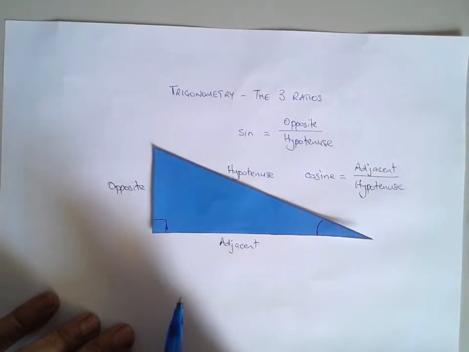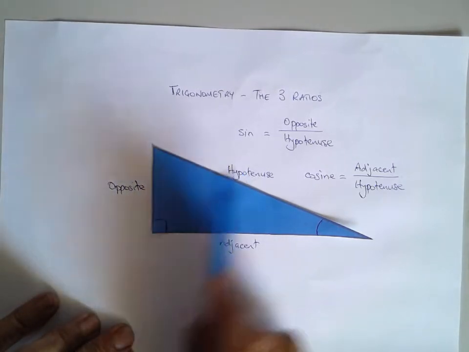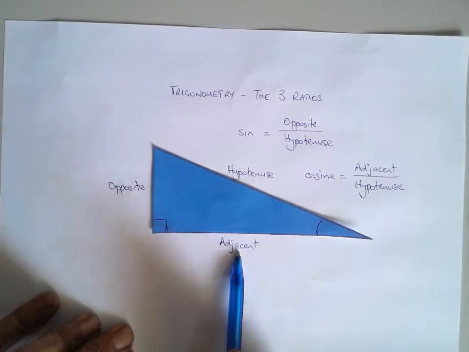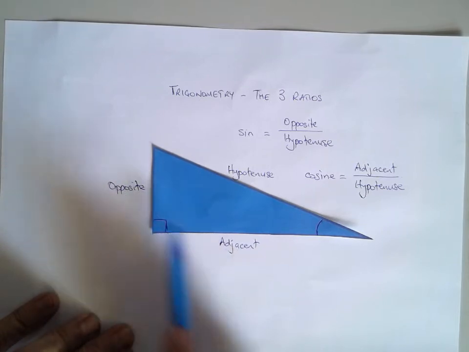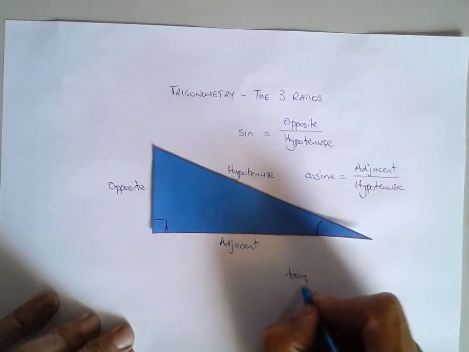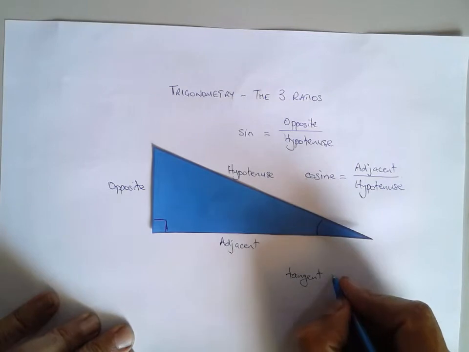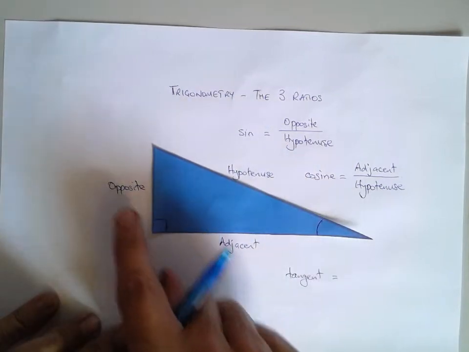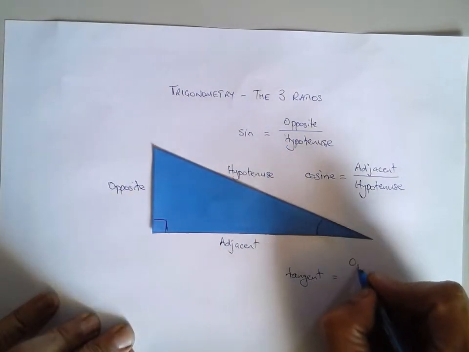And the final pair we can choose, we've had these two, so let's go for these two. The opposite and the adjacent have a relationship for this angle which we call the tangent of the angle, which is the opposite divided by the adjacent.